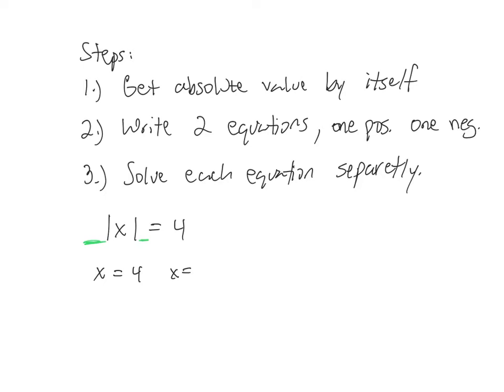But then I'm also going to write one that equals negative 4. So that's what I mean by do one positive and one negative. And then you'd solve it, but it's already solved. So absolute value in almost all cases is going to have two answers. And they're not always 4 and negative 4, 2 and negative 2, 3 and negative 3 like that. You could have 2 and negative 6, stuff like that.